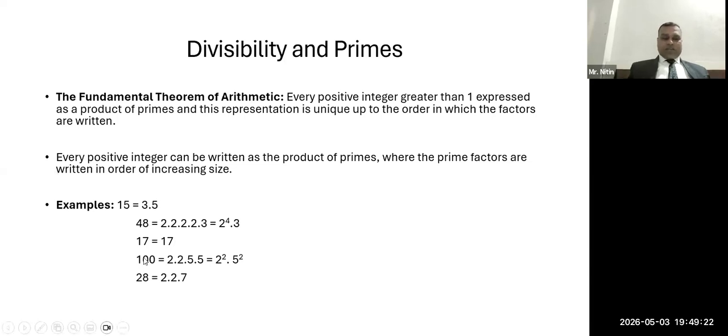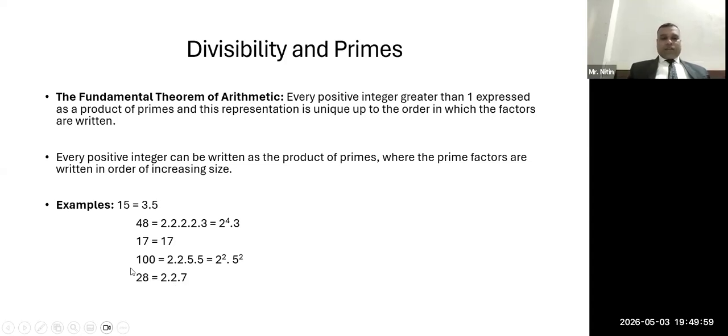Last example for this fundamental theorem of arithmetic. We have 28. To represent this 28, we need to find the factors of 28, right? So the factors of 28 are 2 and 7. In the table of 2, we will get 28, and in the table of 7, we will get 28. In increasing order, 2 into 2, 4, 4 into 7, we got 28.